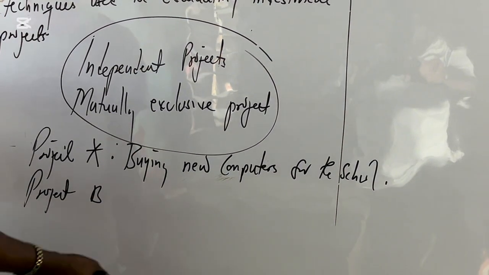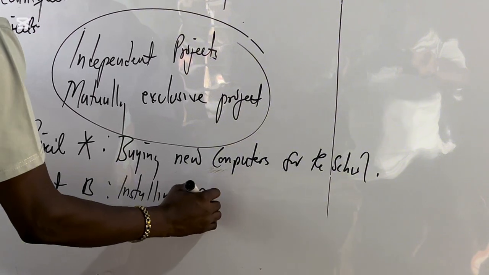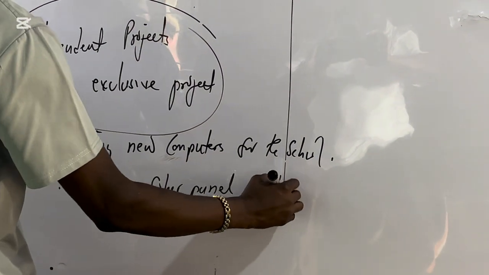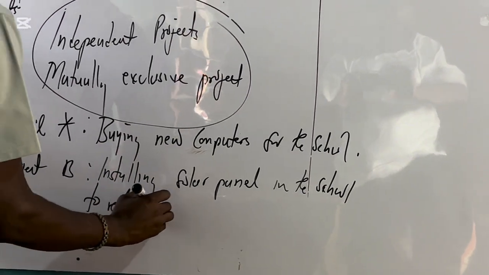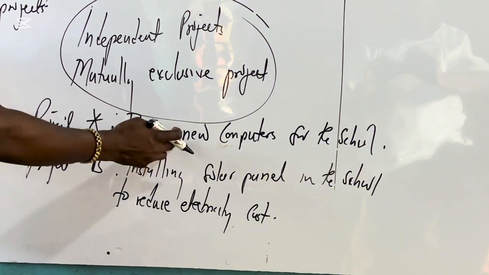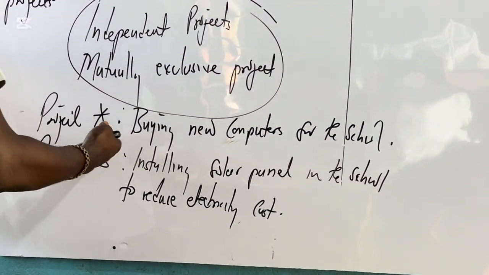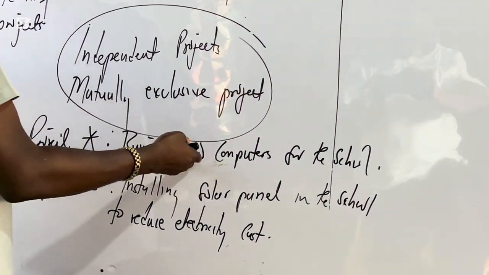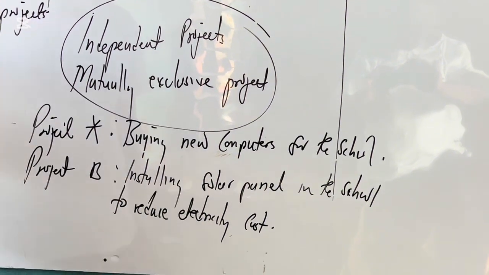And then project B has to do with installing, let's say, a solar panel in the school to reduce electricity cost. Now you will see that these two projects are independent, such that if we decide not to buy the new computers, or if we decide to buy the new computers, it has no effect on this.